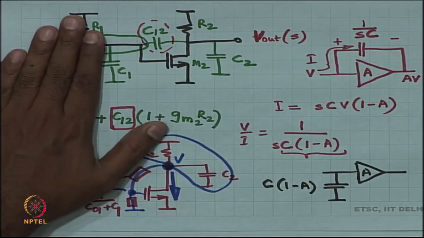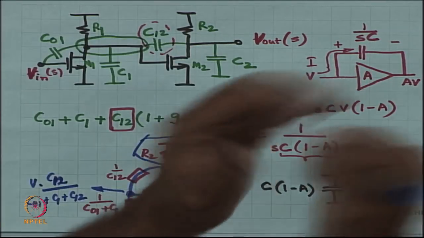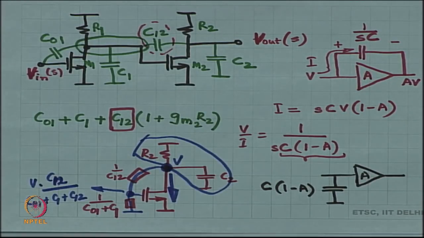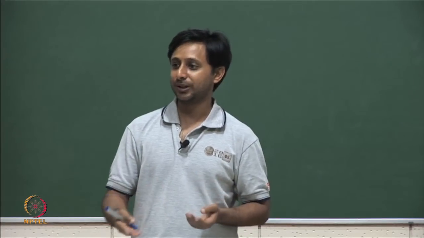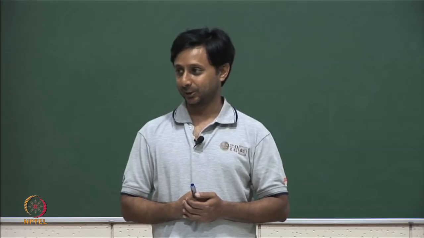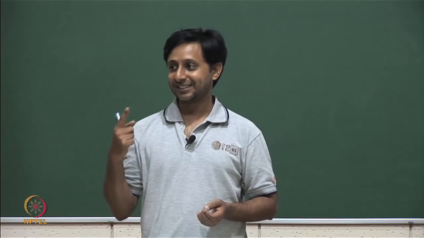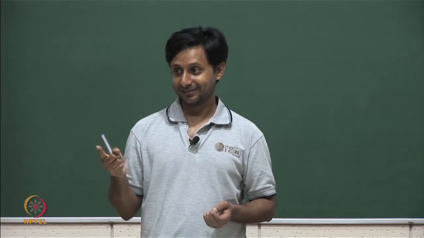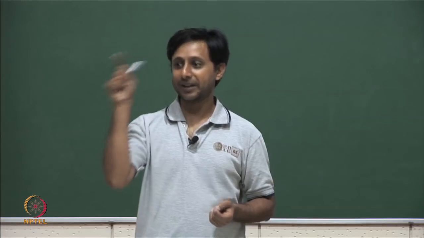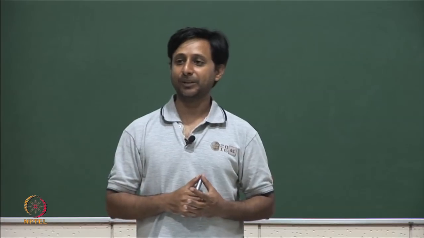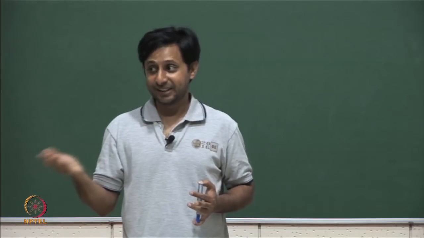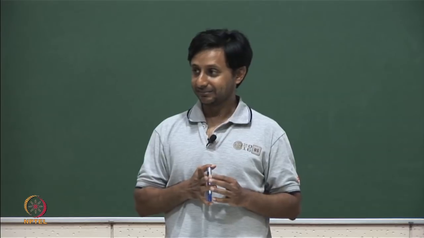Once the MOSFET is diode connected, the MOSFET itself is going to behave like a resistor, because now it looks like a diode. And therefore, the resistance is not R2, it is actually much smaller than R2, which means that the pole frequency, which is 1 by RC, is going to be much higher than you originally thought it would be.